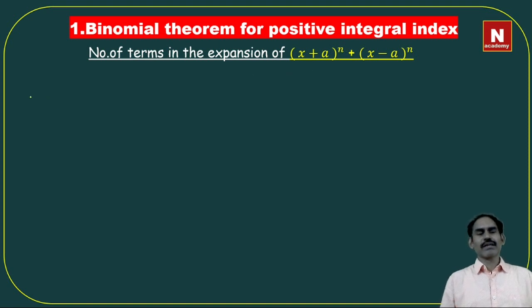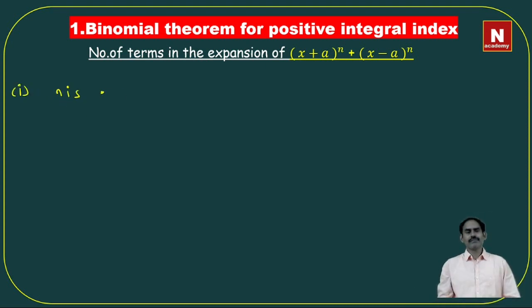For example, here we will have two cases. Number one, n is even. How many terms are there after expansion? For example, let n equal 2. That implies (x + a)² + (x − a)².